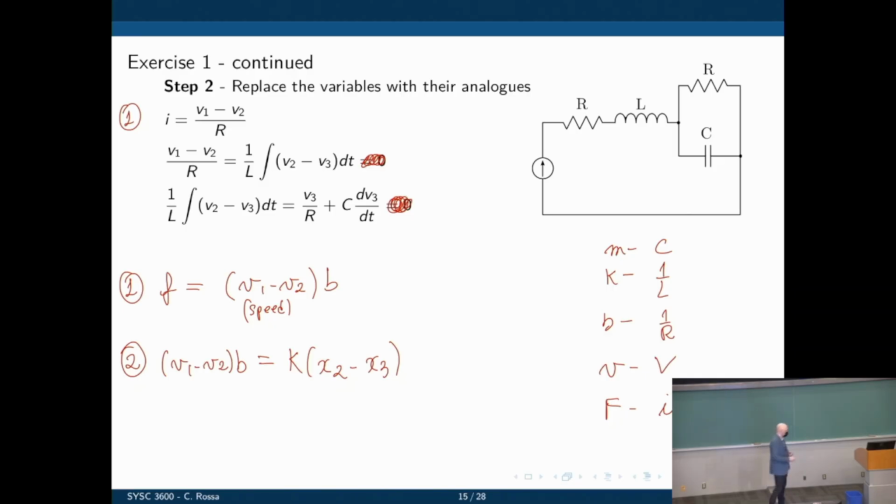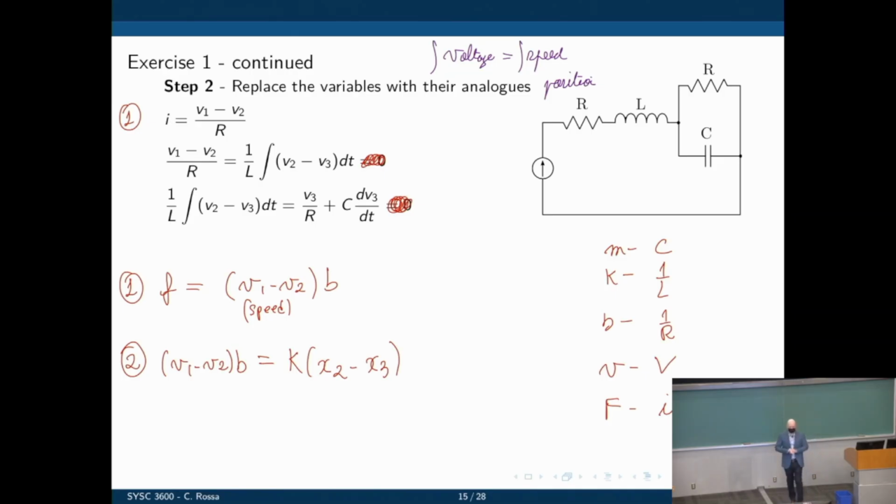All right? So if voltage is the speed, if you take the integral of voltage, that's position.